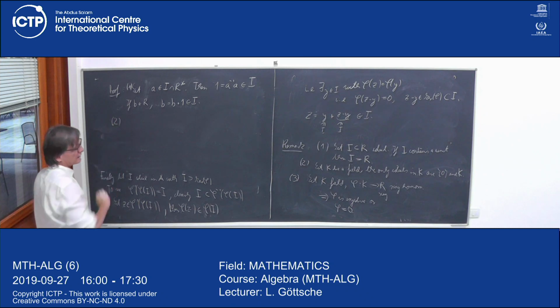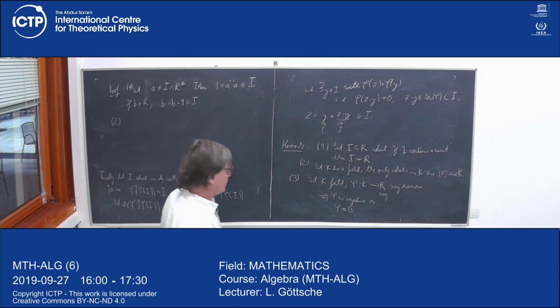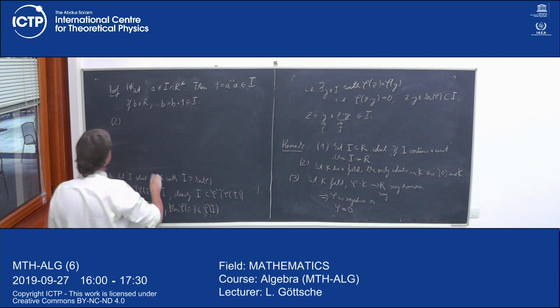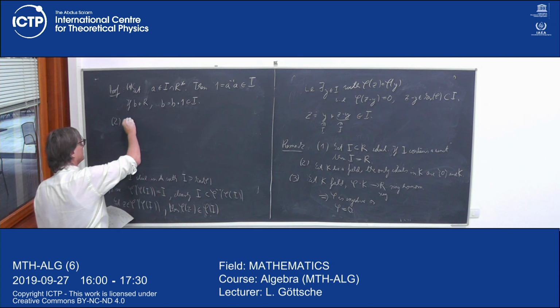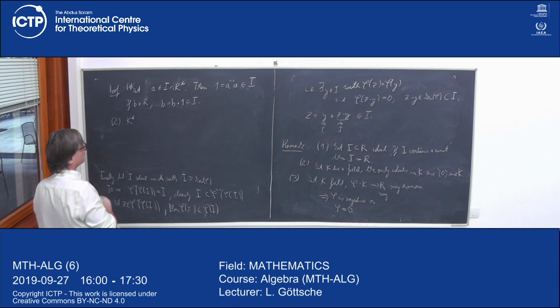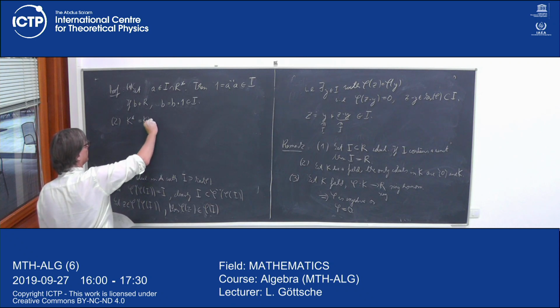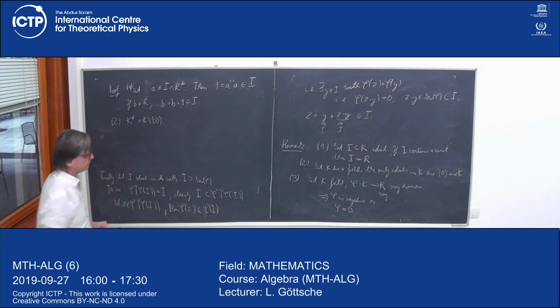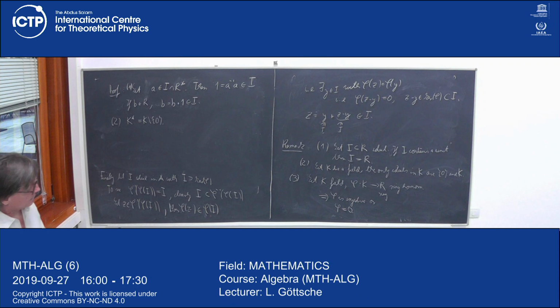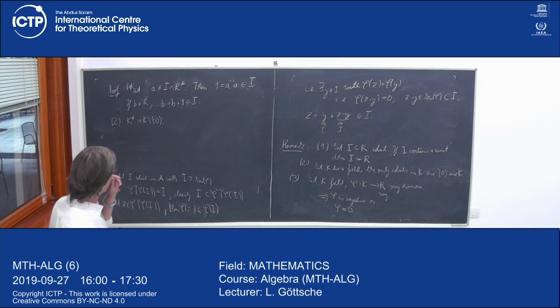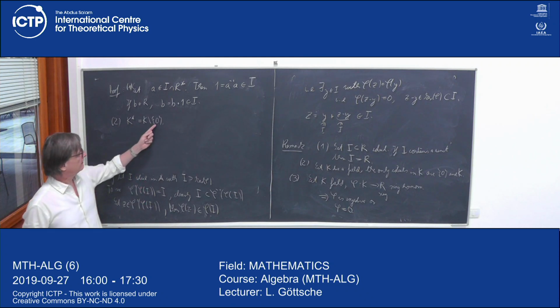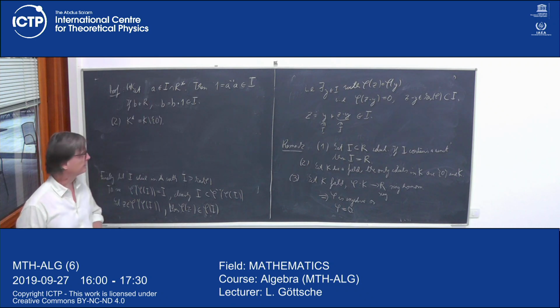And the second statement is just the reformulation, because if I take the units of K, this is equal to K without 0. And so if an ideal contains an element which is not 0, then it must be the whole of K, according to the first part.